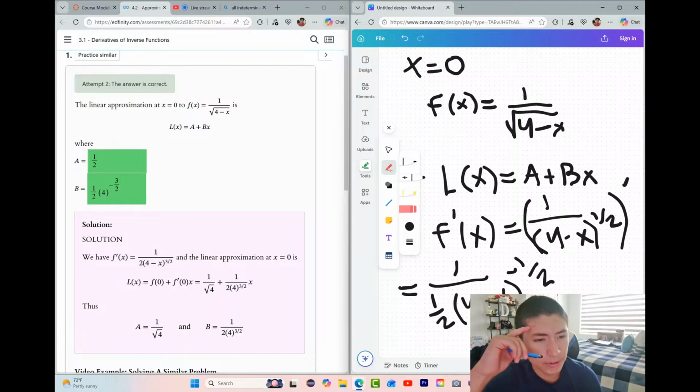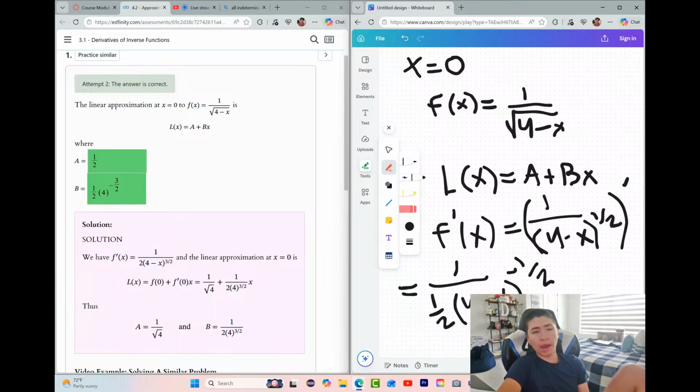How do you get something different? 2 times something to the power of 3/2. What? Why? I'm confused. How do you get that? Now that's wrong, isn't it?